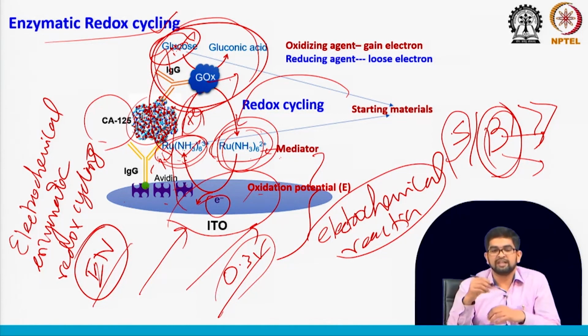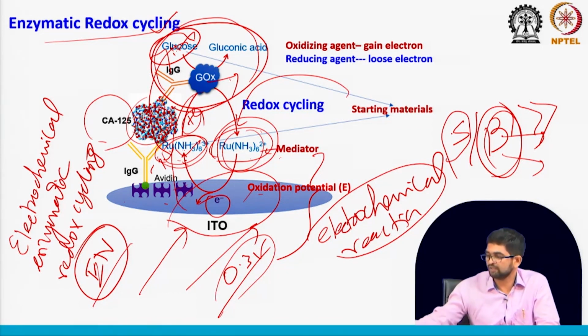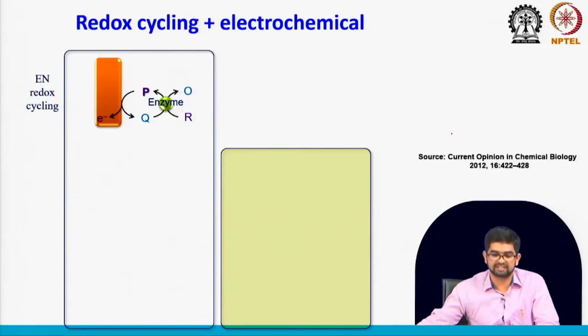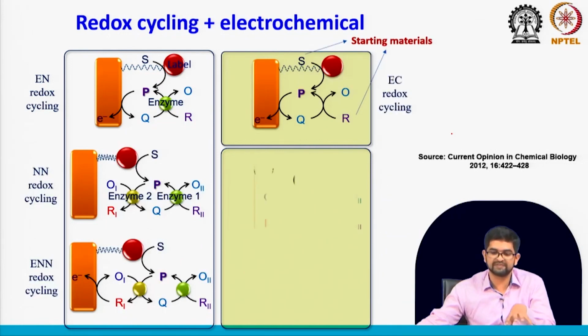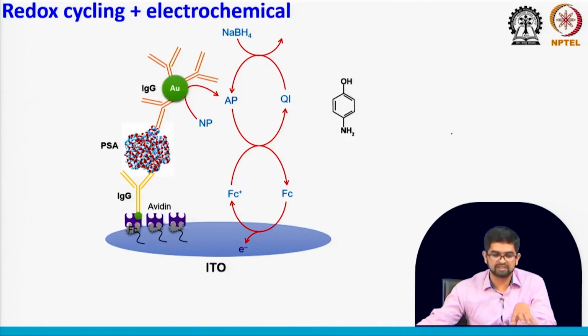Like 2 or 3 cycles can also be made to make the reaction much faster to get a high signal, that is also possible. Those things I will teach you in the next class. So, this is the different redox cycling that I will teach you, and I will give you more examples, like we can bring some more tags, not only the glucose oxidase, we can make some other labels based on nanoparticles, that I will teach you in the next class.